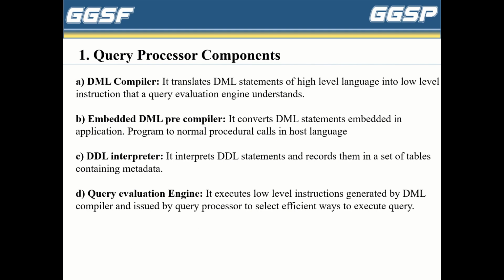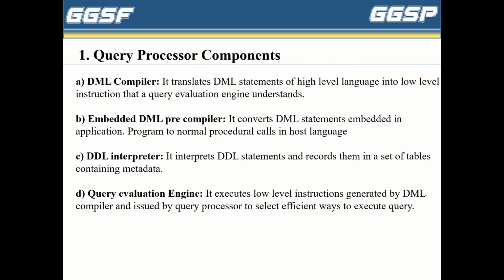So in the query processor, first component is DML compiler. So compiler means what? It translates something. Okay, it translates the statements from high level language into low level language. So same here, the DML compiler is used for translating purpose. So it translates the DML statements that you have written in the high level language into the low level instructions that a query evaluation engine understands.